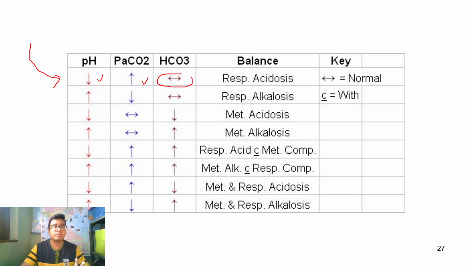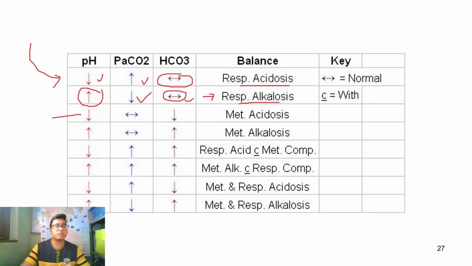Bicarbonate level is normal, means there is no compensation. So it's plain and simple respiratory acidosis. Over here, pH is high, so alkalosis. PCO2 is low, bicarbonate level is normal. It's caused by respiratory, so respiratory alkalosis. This means no compensation. So it's simple respiratory alkalosis.